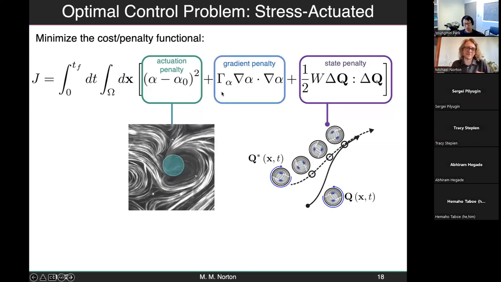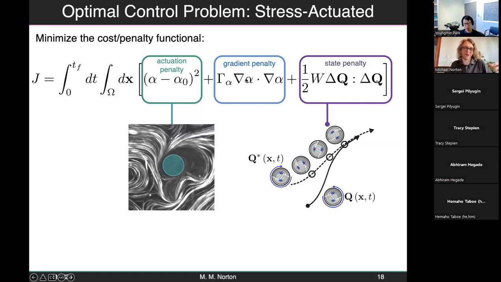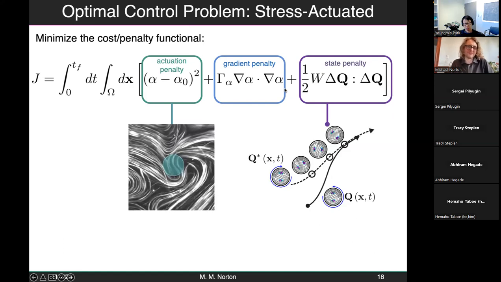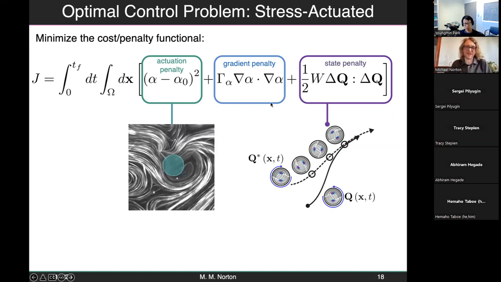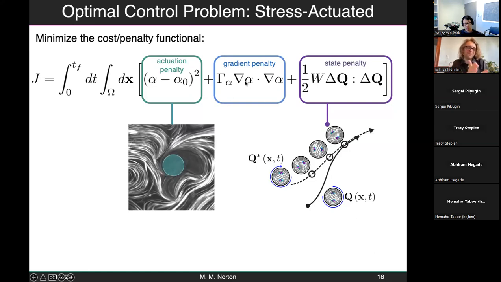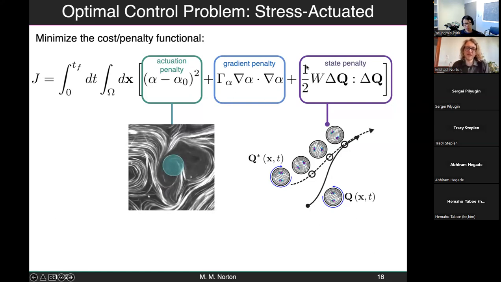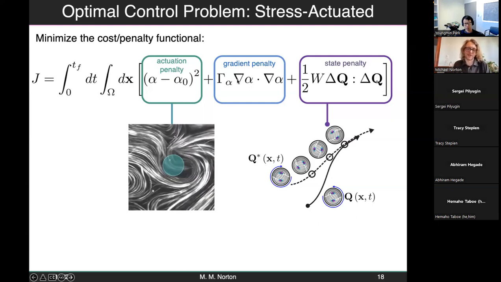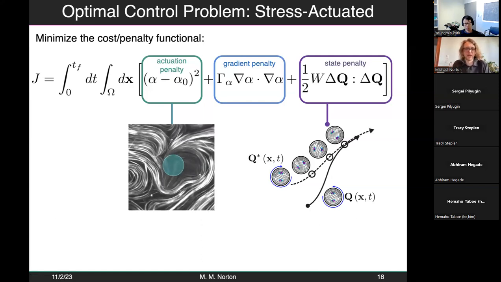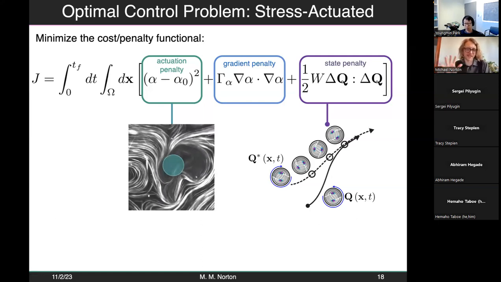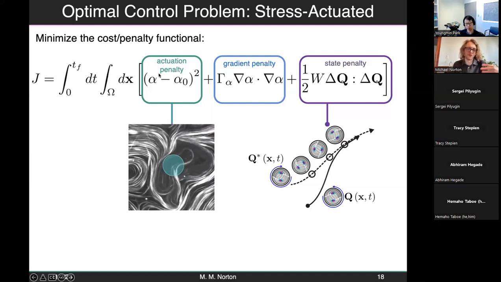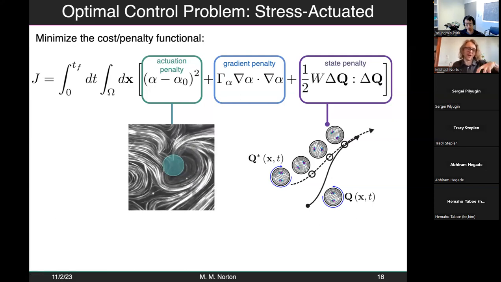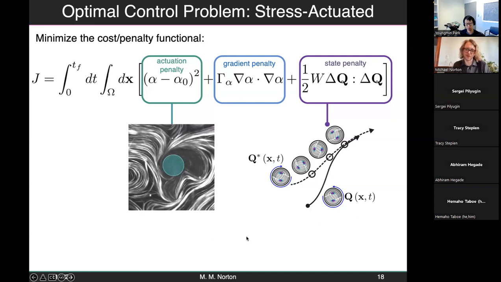And then finally, this is partially just for numerical regularization, but also has a physical reason: we can't apply infinitely sharp gradients to the system, and so we smooth things out by penalizing gradients in the control field as well. So that's the setup, right? We have something that we're trying to do while also trying not to apply huge amounts of activity or really sharp gradients.